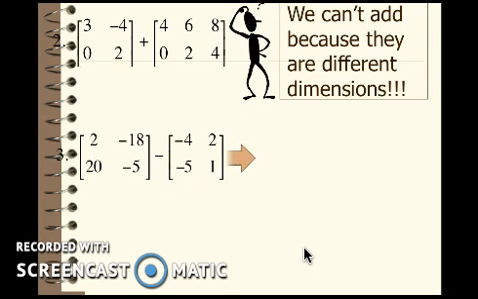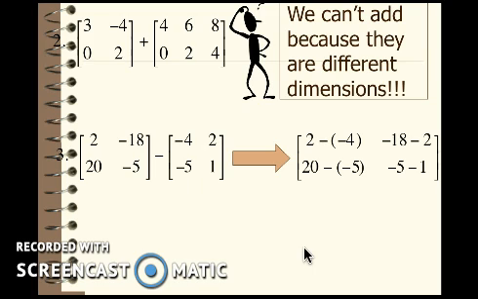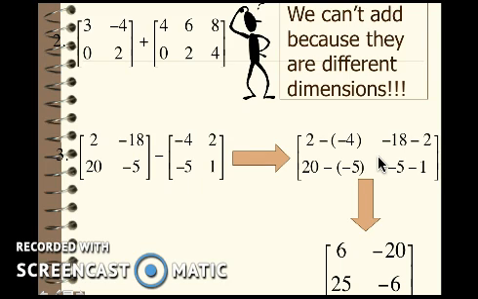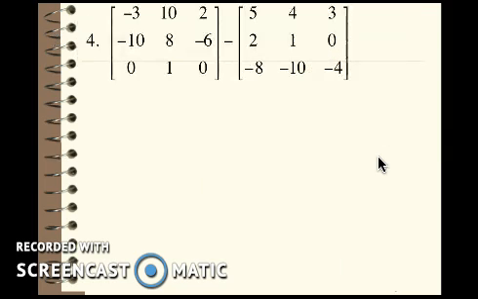So we're subtracting here. We will end up with 2 take negative 4, negative 18 take 2, 20 take negative 5, and negative 5 take 1. And you can see over here, this is where we've done all our working. From there, we end up with 6, negative 20, 25, negative 6.